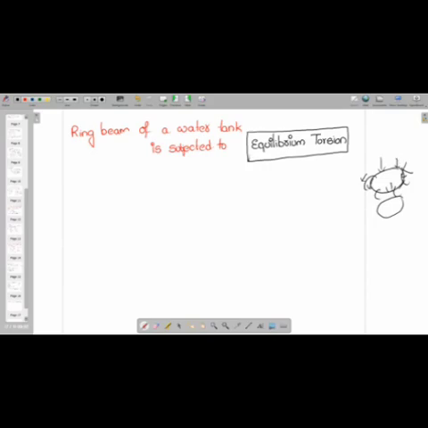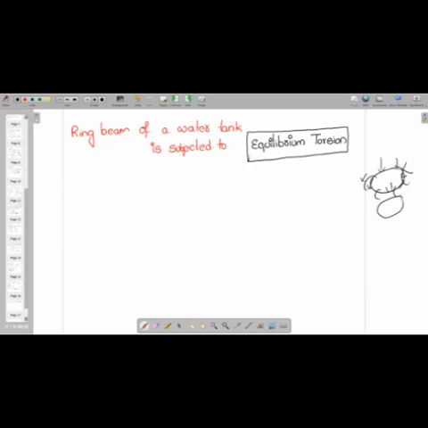That is the reason the ring beam is subjected to equilibrium torsion. Clear, my dear students? Can you quickly respond? Whatever load acts on the circular tank is resisted only by torsion. Very good.